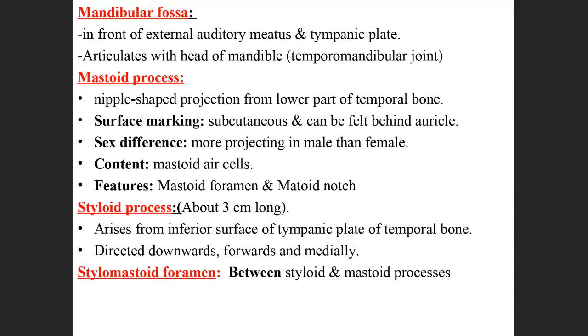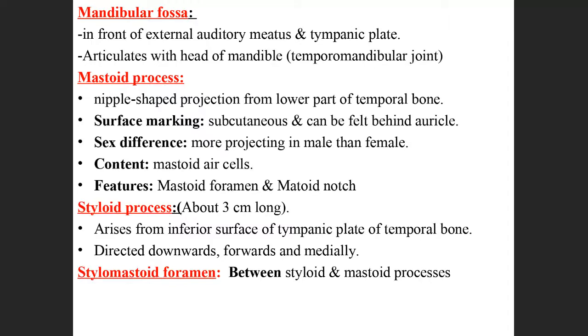And then the mastoid process. This we already saw. All these parts you saw last week in the video. So where is the mastoid process present? Behind the ear. So why is it called the mastoid process?